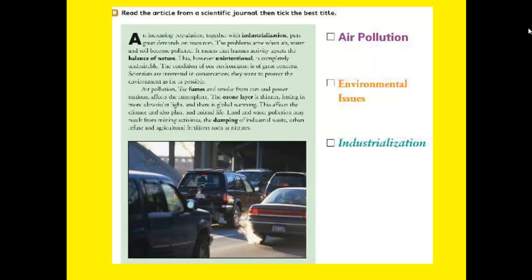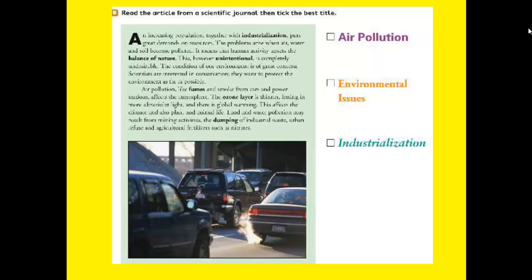Air pollution, like fumes and smoke from cars and power stations, affects the atmosphere. The ozone layer is thinner, letting in more ultraviolet light, and there is global warming.